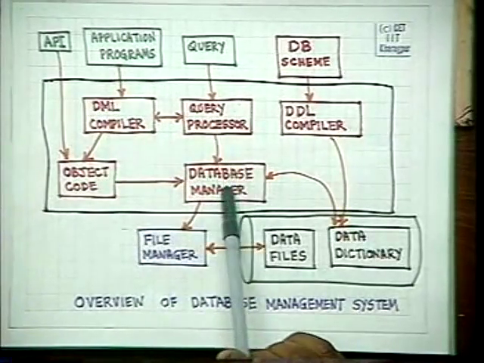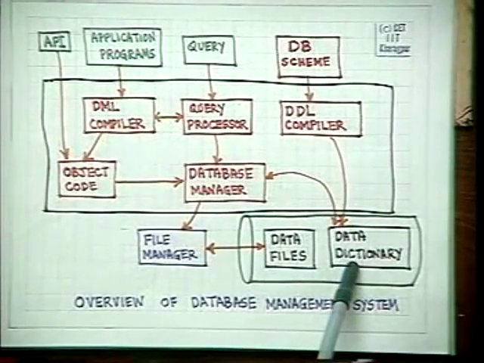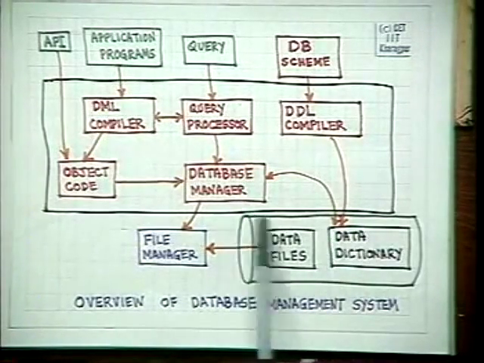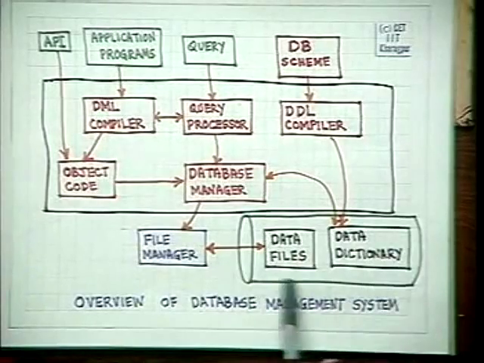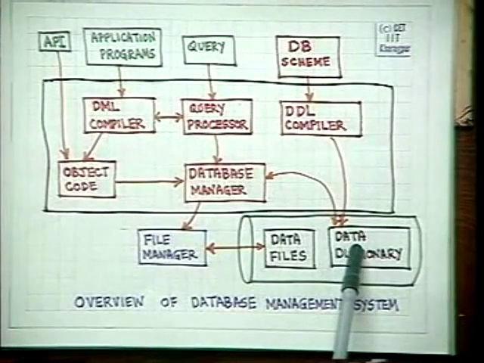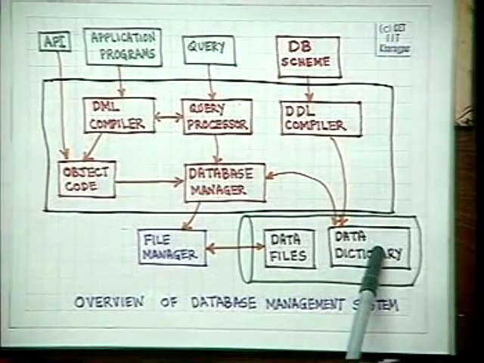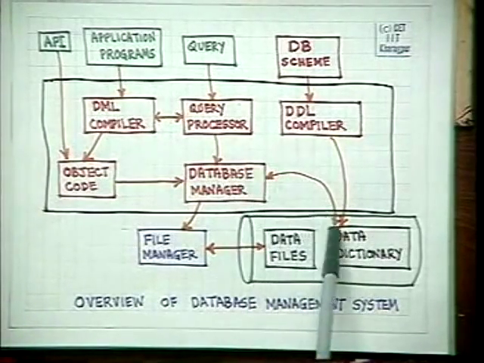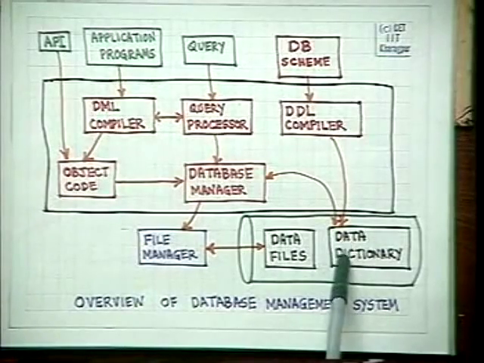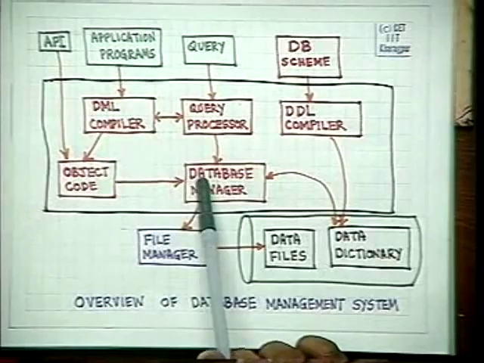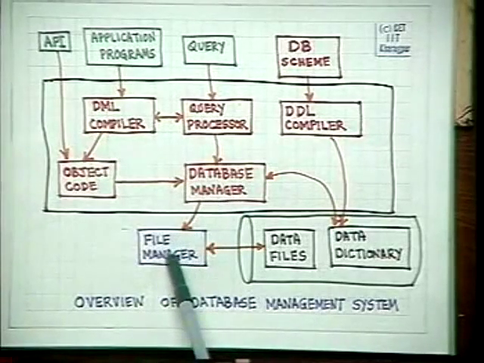Now the database manager will look up the data dictionary, find out what are the detailed structures stored in the disk. This is the disk, and what is the structure stored in the disk? The data is stored in data files and the structure is stored in the data dictionary. The database manager will consult the data dictionary and then see what is the query required, and will now issue the file system commands to the file manager.